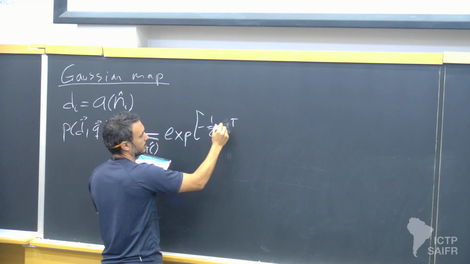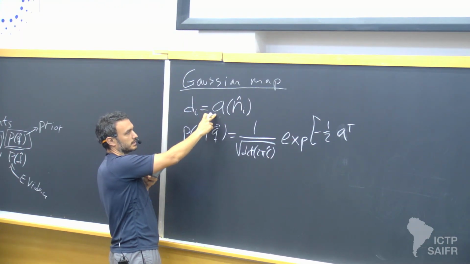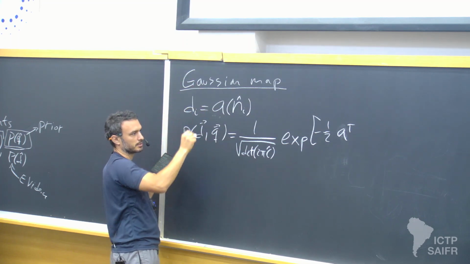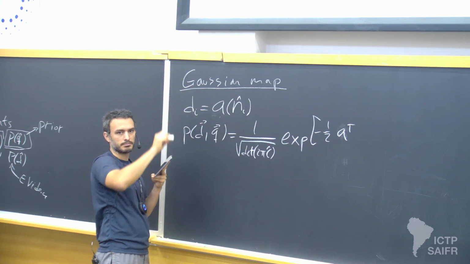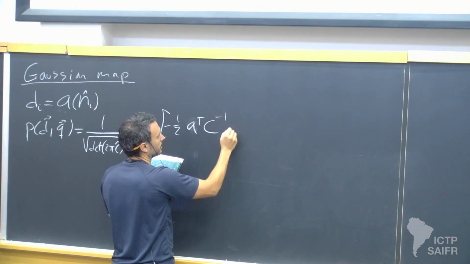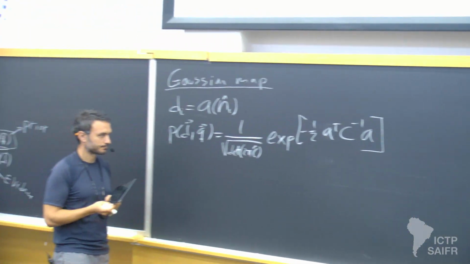So A is the same as our data, right? It's just our map, and we're going to construct a vector from it. Each element of the vector is just the value of the map at a given pixel in the sky. A transpose C to the minus first A. This is the general expression of a multivariate Gaussian.